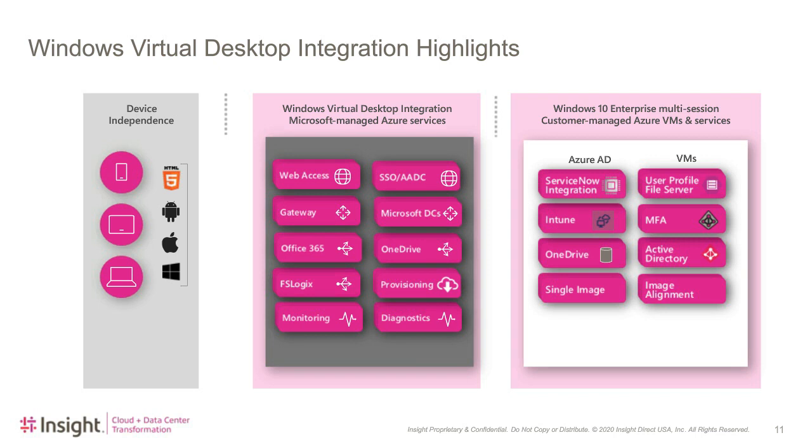The native integration to OneDrive, and the already pre-configured components in Intune and Azure, allow the native allocation of multi-factor authentication for WVD, conditional access, single image. All those things are right out of the box for WVD, so there's no additional configuration that needs to be done, like you would have to do with any of the other third-party products that are out there.